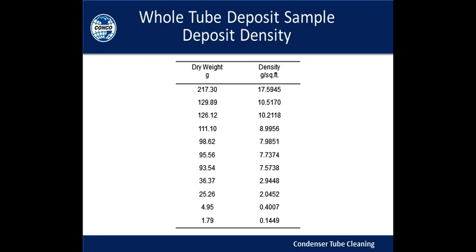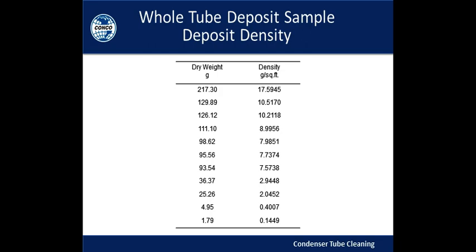Oh, well, if it's 1.79, well, I'm not as concerned. But you can see here, these different weights tell us that there is a random distribution of fouling throughout the condenser. This was actually 11 samples taken from various locations in the condenser.